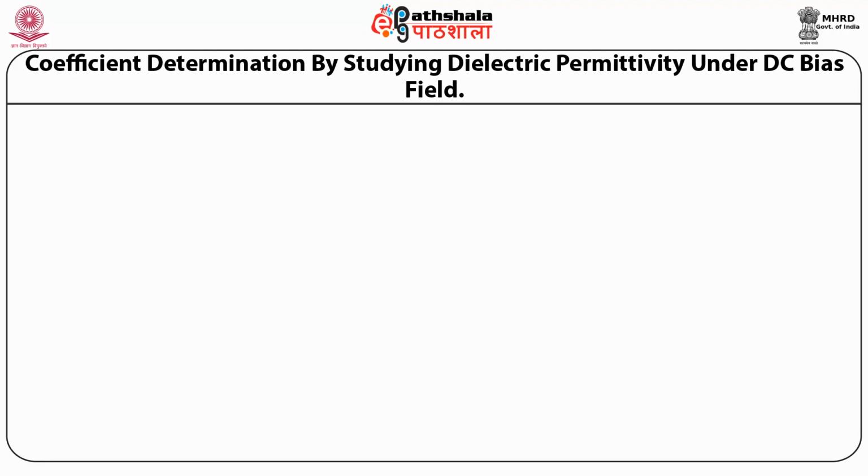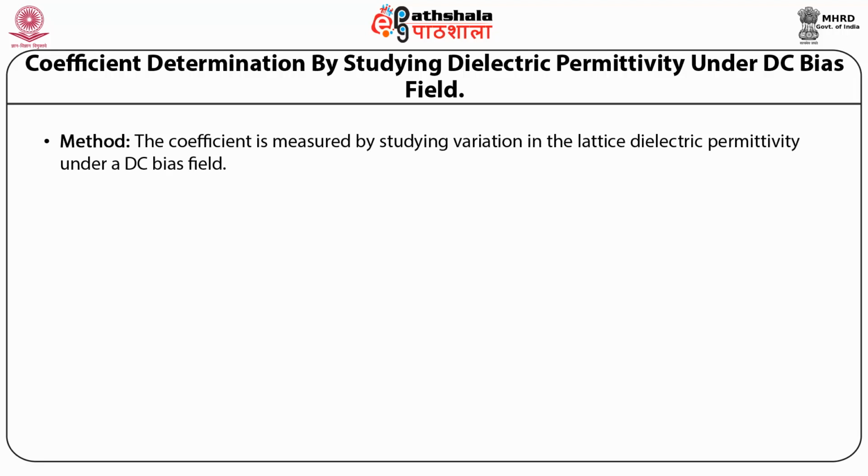So the last method to determine the coefficient is by studying the dielectric permittivity under the DC biased field. Now in this method, the coefficient is measured by studying the variation in the lattice dielectric permittivity under a DC biased field.